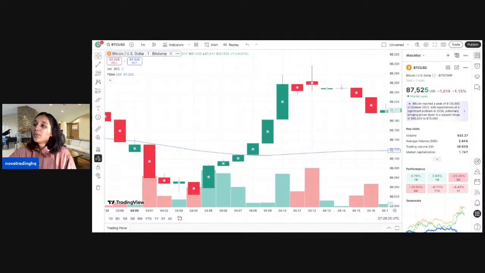Then you will notice at 4:11, from 4:11 to 4:14, this is probably a kind of sideways band. Again, it's not a very solid sideways band, but we can say it's kind of a top side resistance basically, right? So we have rejection here, we have a stall here.